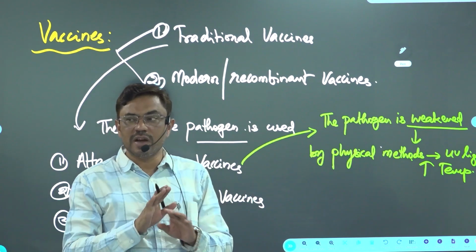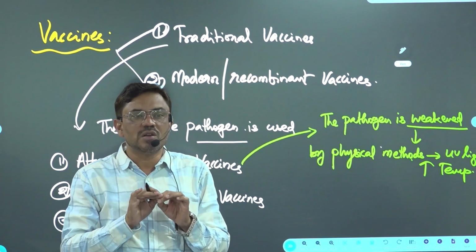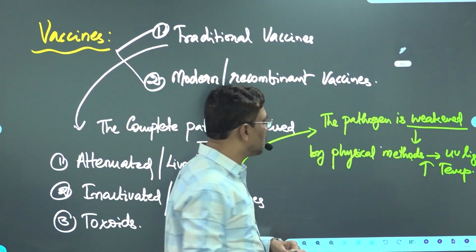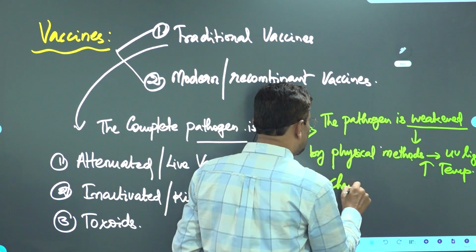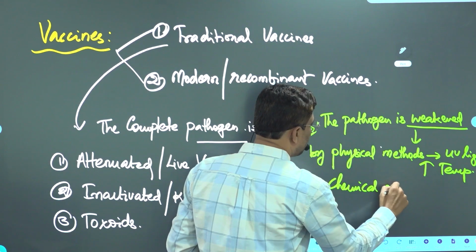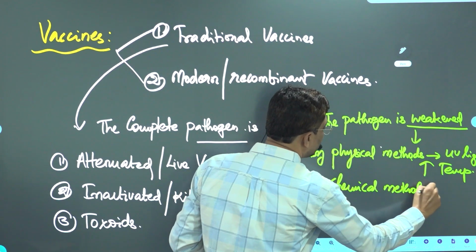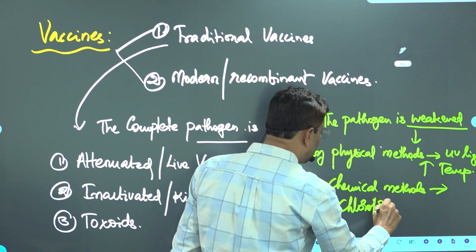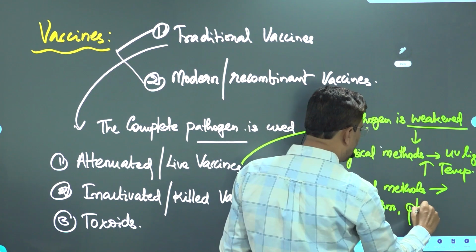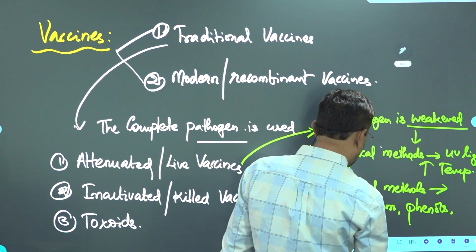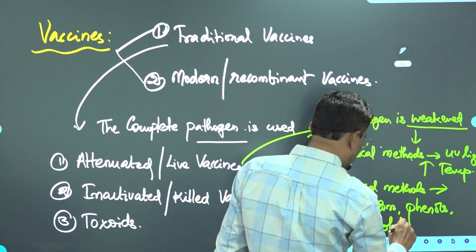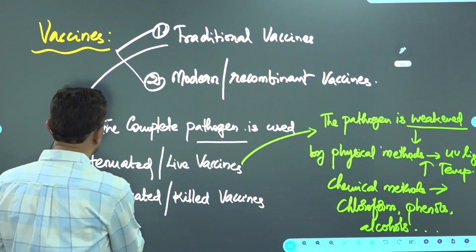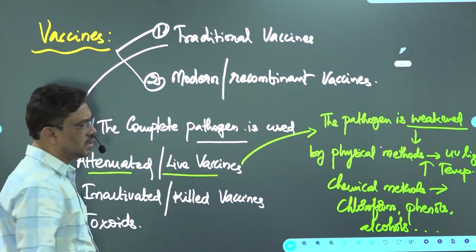The pathogen is not completely killed, simply weakened. It can also be done by chemical methods, using chemicals like chloroform, phenols, and alcohols. So these are called attenuated or live vaccines.